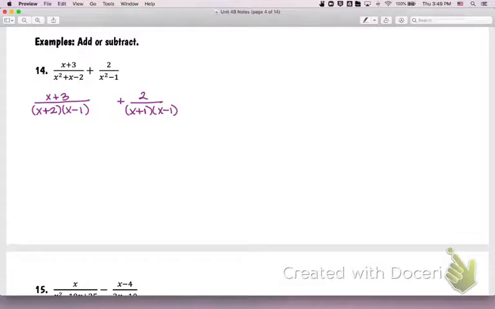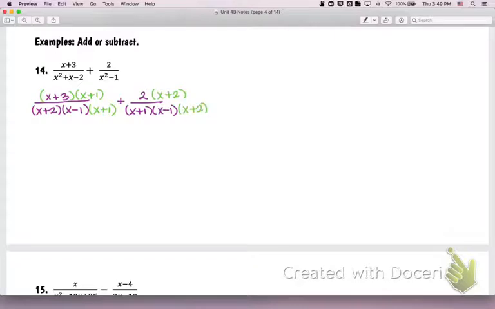We need to make sure that these match. Both of them have an x minus 1 already, so that's great. The first one does not have an x plus 1, so we're going to multiply by x plus 1 over x plus 1. And now the second one will match that if it has an x plus 2.